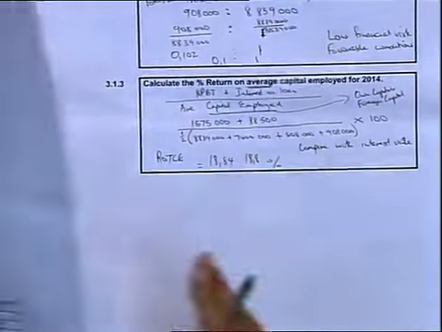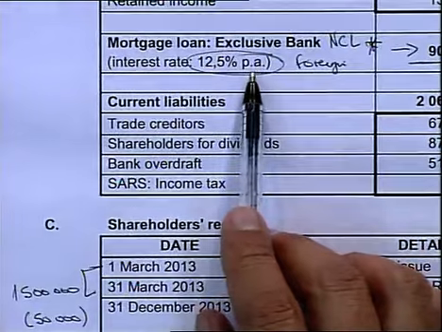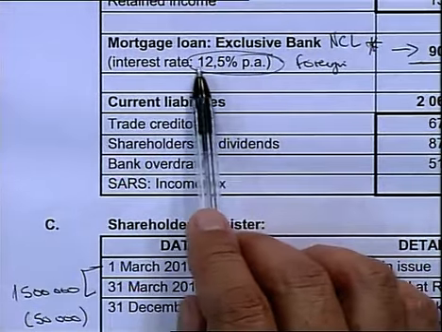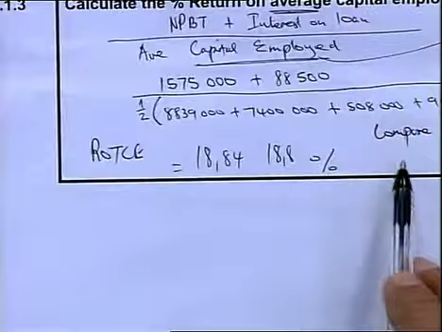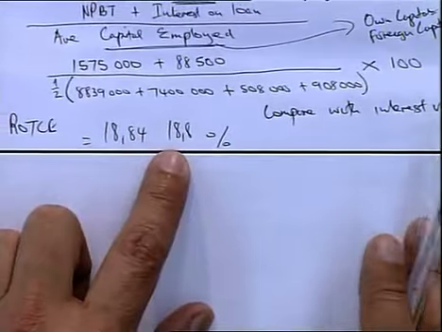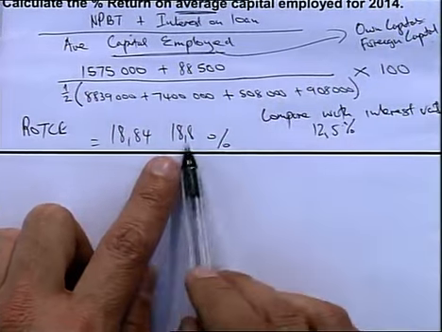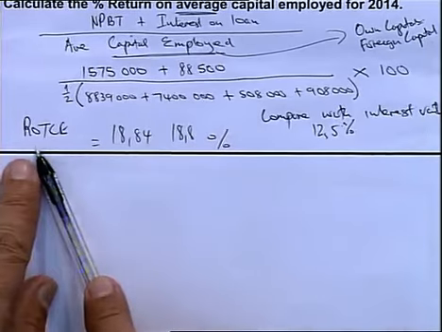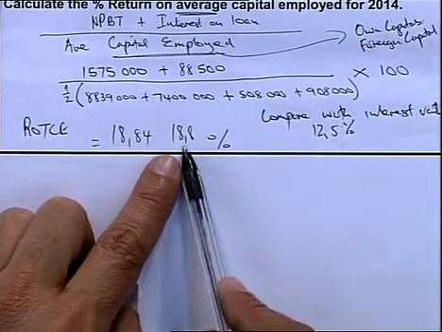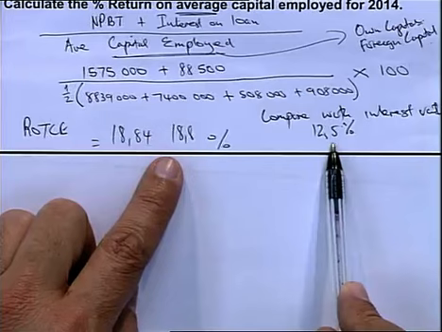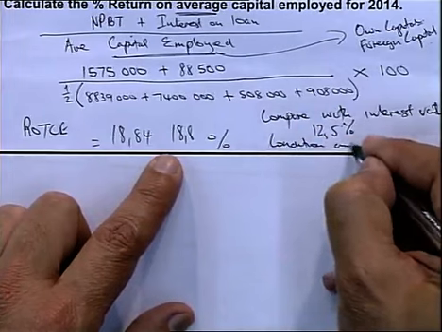In this case, the interest rate that they gave us in the information, because we are borrowing money from the bank, we will have to pay the bank 12.5% interest per annum. So we will always compare the return that we're getting to the 12.5%. What's happening is that the return on total capital employed, the return that we're getting because we're using the bank's money, is greater than the interest that we have to pay the bank. So again, the conditions are favorable.